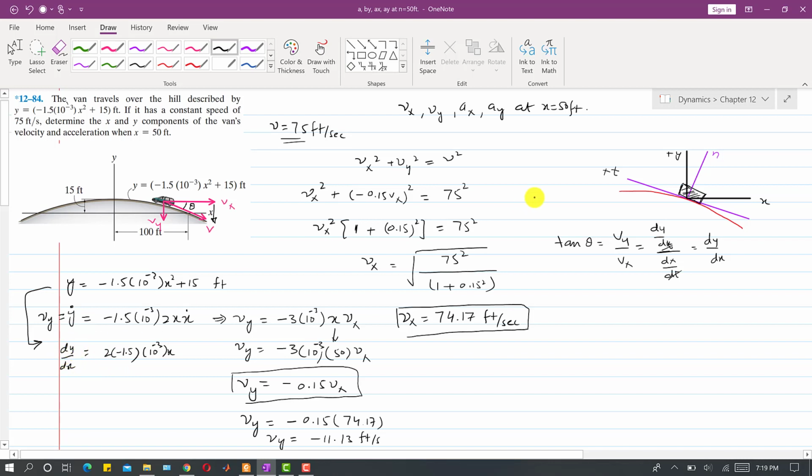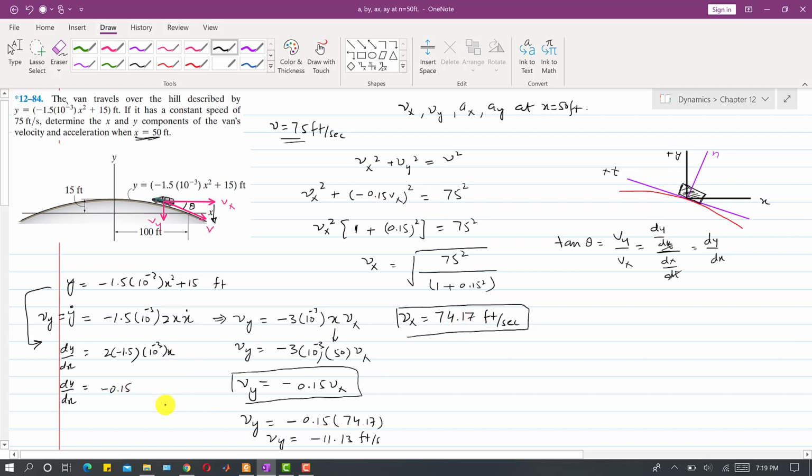Now we want to find this theta when x is equal to 50 feet. So I have to put x equal to 50 in this equation. If we put x equal to 50, this derivative comes out to be minus 0.15.